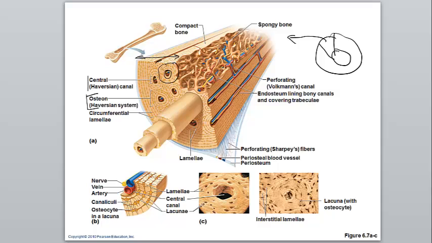If you take one osteon, you see the rings over here that I was saying, this one over here, one over here. This is actually tubes. Okay, there are tubes, one within each other, that together form your osteon system or Haversian system.